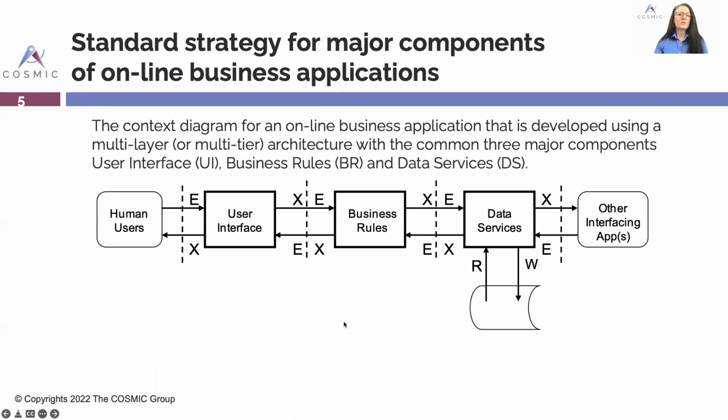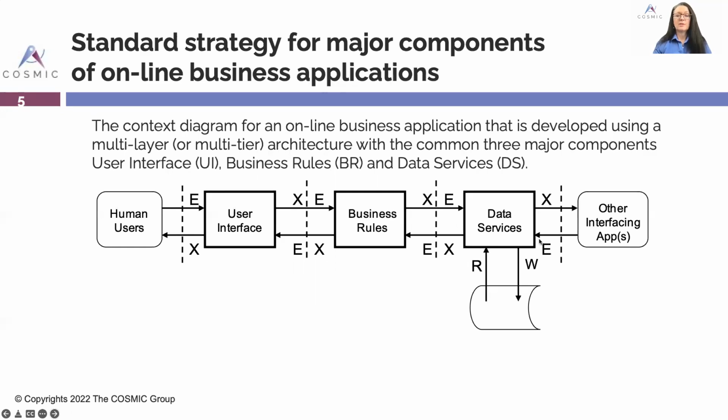Now, if we look at an online business application that has been divided into major components, the following context diagram is for an online business application that is developed using a multi-layer or multi-tier architecture with the common 3 major components, which are user interface, right here, the business rules, and the data services, or often called the data access layer.